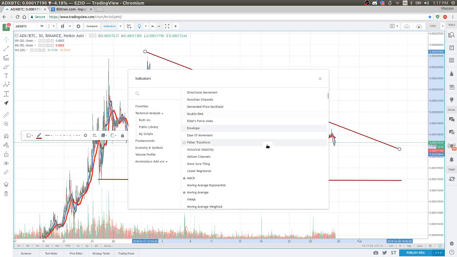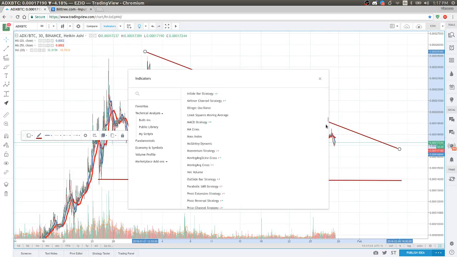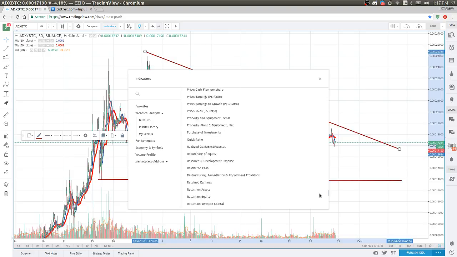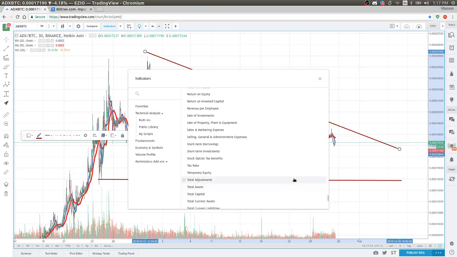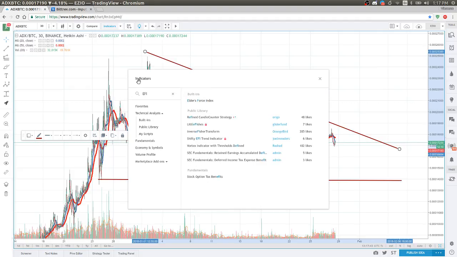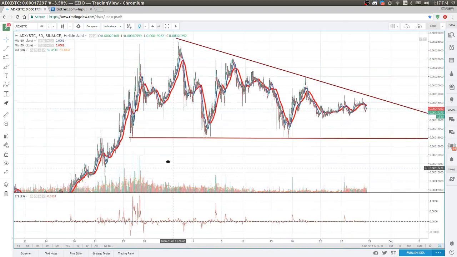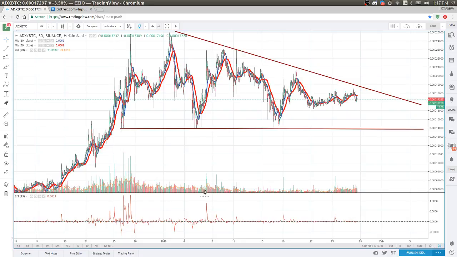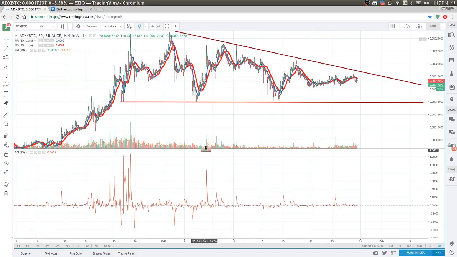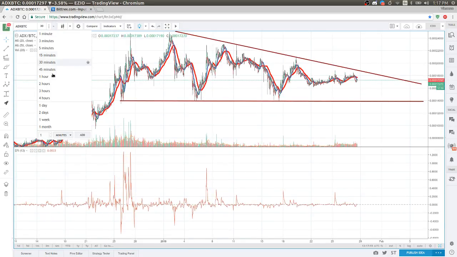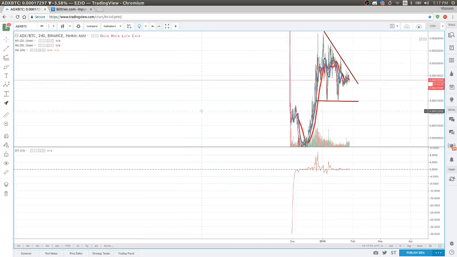I was just going through some indicators here because there are lots, and I was just trying to study and see if I see anything. I found this one looks pretty interesting, the Elder's Force Index, and I want to study it a little bit. Let's go to the 4 hour chart.